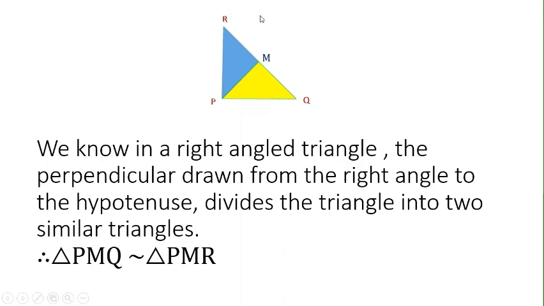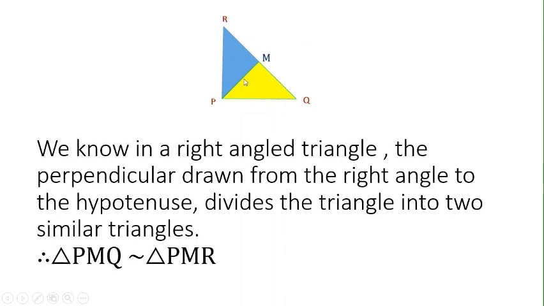What do we know? In a right angled triangle, the perpendicular drawn from the right angle to the hypotenuse divides the triangle into two similar triangles. Okay, here PM is the perpendicular line drawn to the hypotenuse. So what do we know? In a right angled triangle, the perpendicular line drawn from the right angle to the hypotenuse divides the whole triangle into two similar triangles.